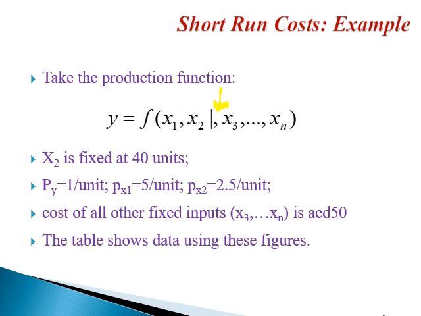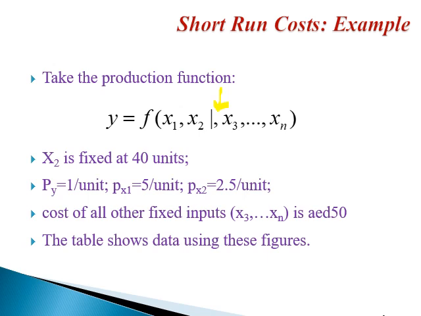So remember that we have $100, which is the amount of money paid for me as an individual producer to use these 40 units. So 40 times 2.5, which is P of x2 times x2, is $100. I am paying this $100 all the way because I'm using 40 units of x2 all the time. It is constant at $100.